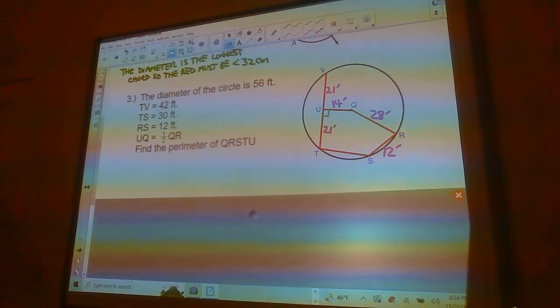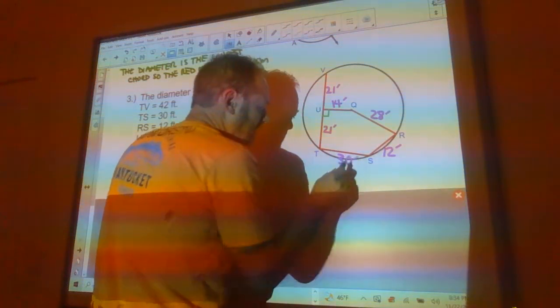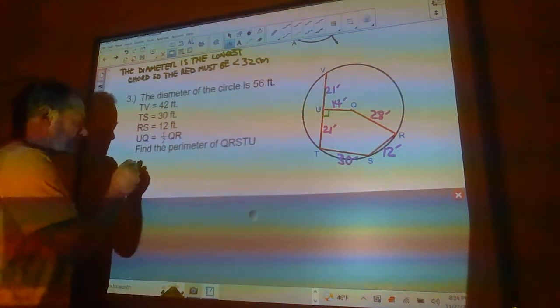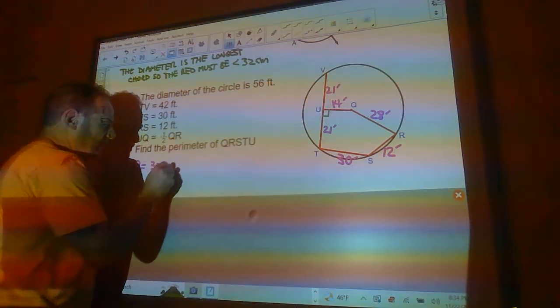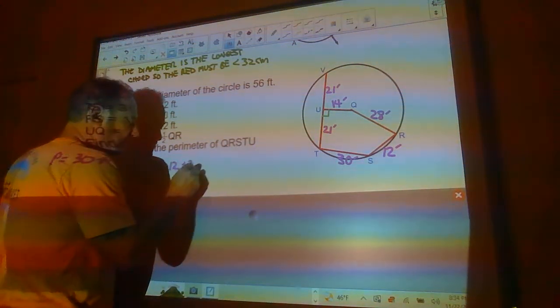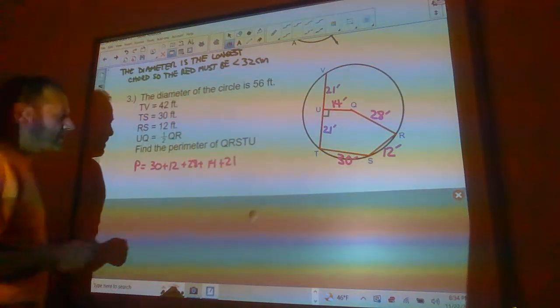And let's see. That leaves us with ST. Oh, ST is 30 feet. It's right there. Okay. So now we can find the perimeter. The perimeter is going to be 30 plus 12 plus 28 plus 14 plus 21.